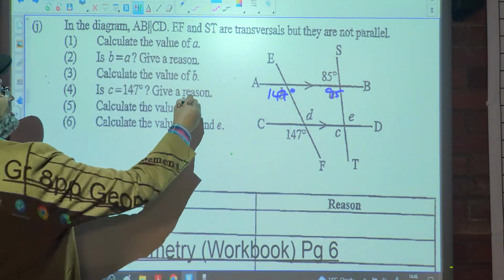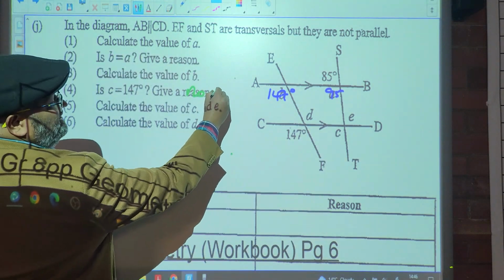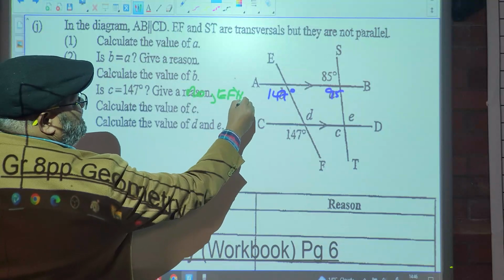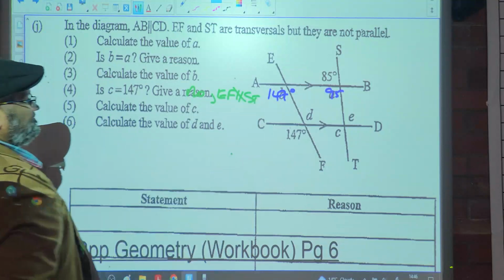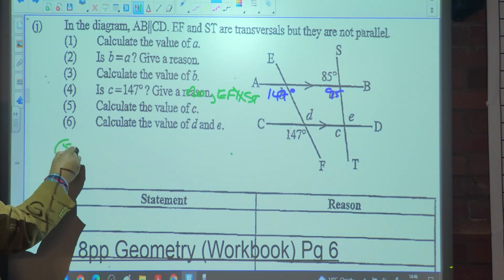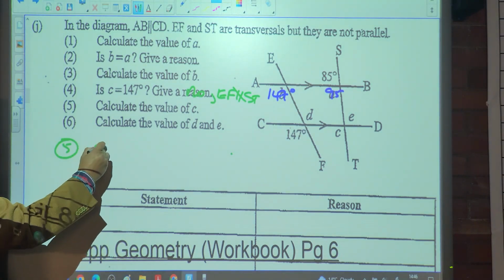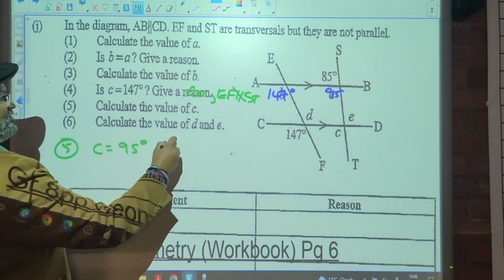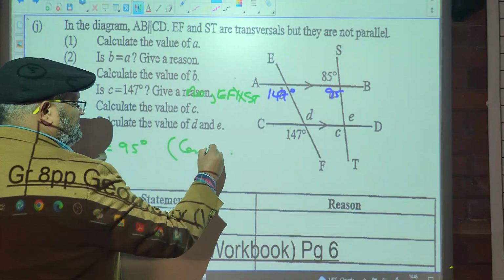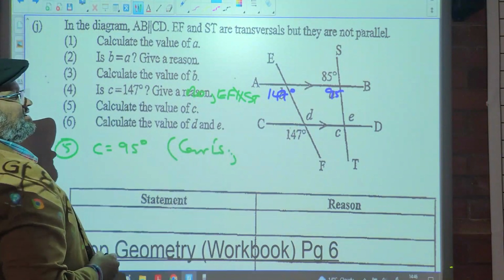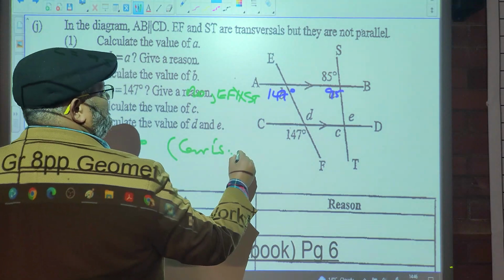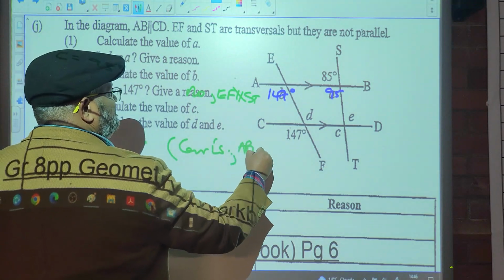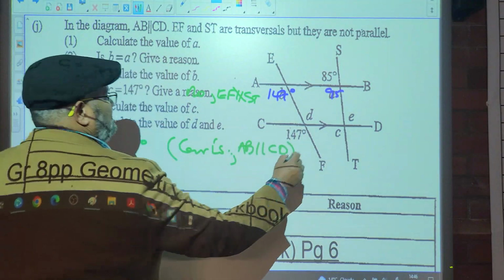No. Why? Because EF is not parallel to ST. Number 5 says calculate C. So what is C? 95 degrees. Why? Corresponding, with AB parallel to CD. That is 95.